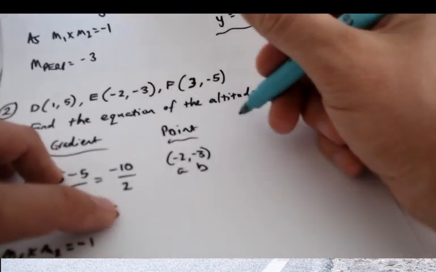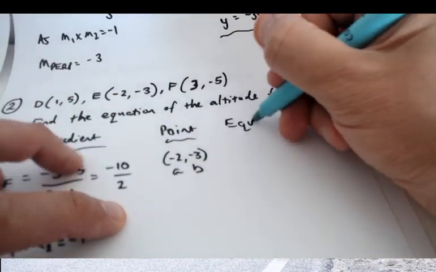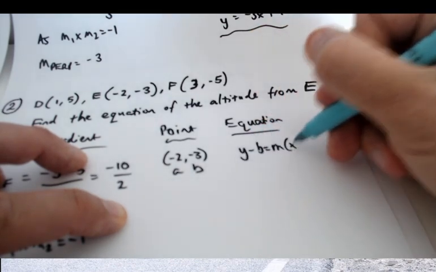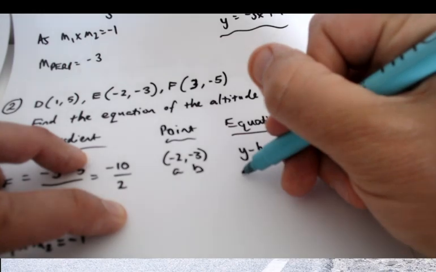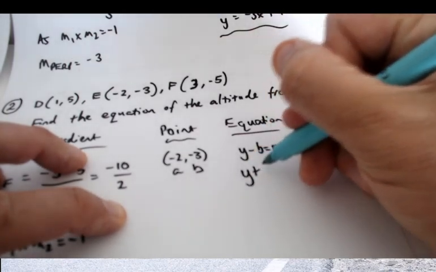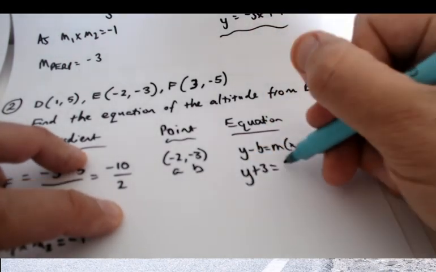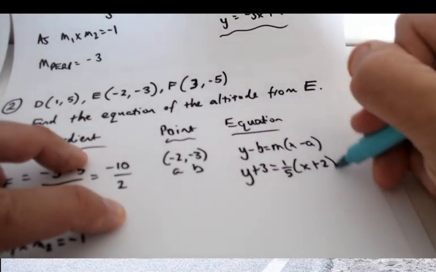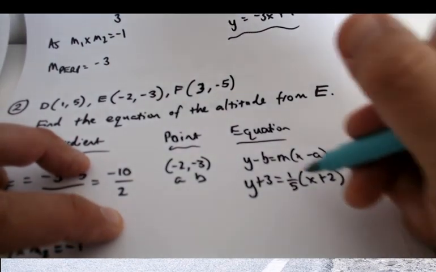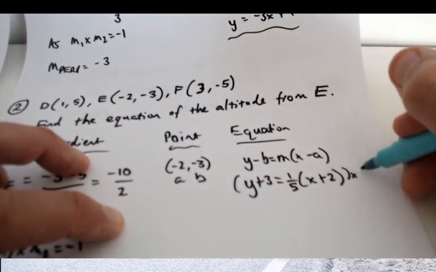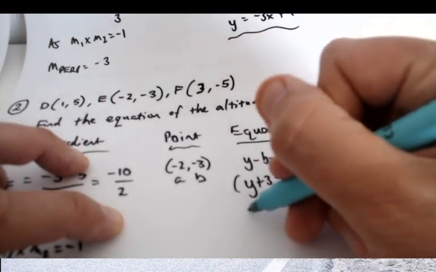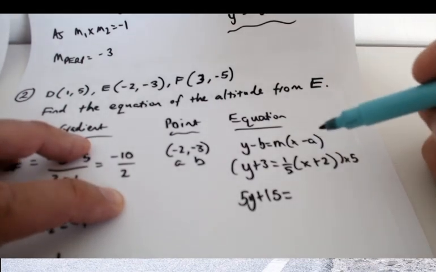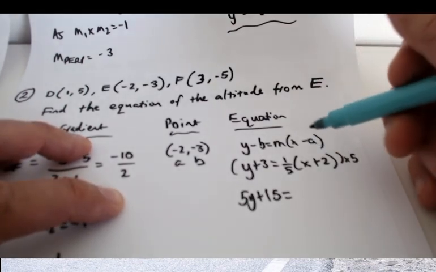I've got everything I need now into my equation. It's going to be y take away negative 3, so I can write y add 3. My gradient was 1/5. It's going to be x take away negative 2, so it's going to be x add 2. Fraction, get rid, multiply by the bottom number, which is 5, times everything by 5. 5y add 15 will equal, right, I've not skipped this step before, but this is when we start to do it.